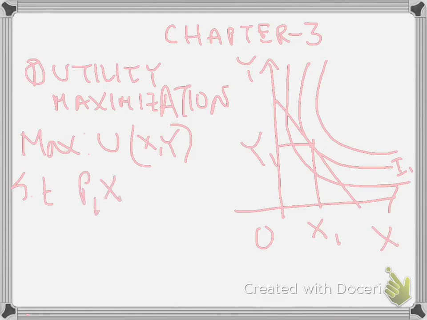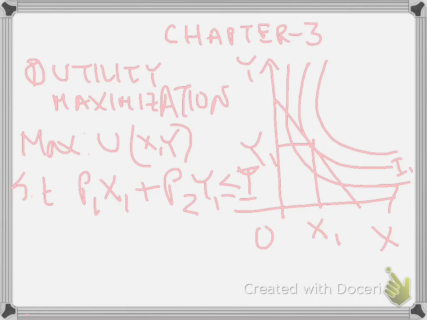So we take the price of good 1, multiply that with the amount of good 1, which is in this case X, the consumer wants to purchase, plus we take the price of good 2, which is in this case Y, let's just call it Y1, doesn't really matter, has to be equal to or less than the income of the consumer, let's call that I.